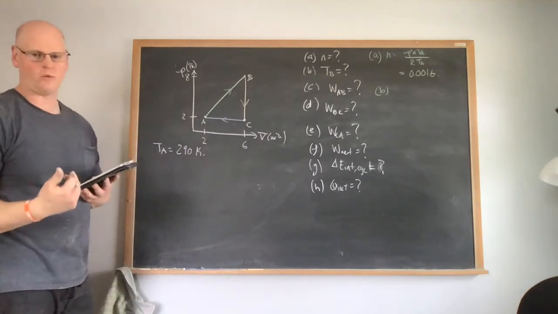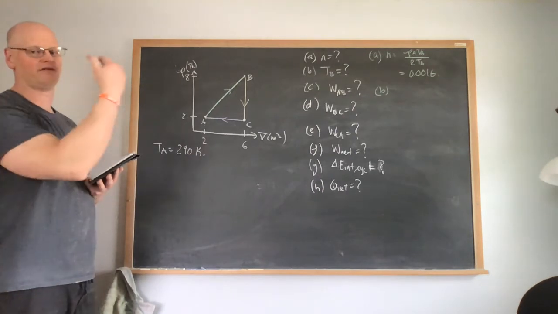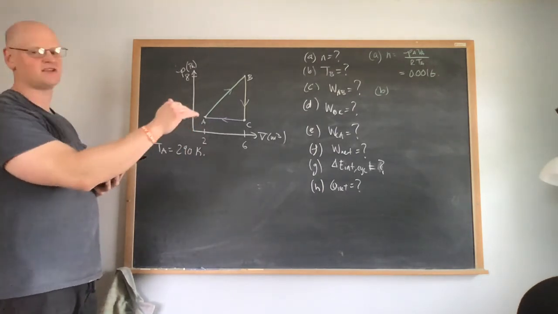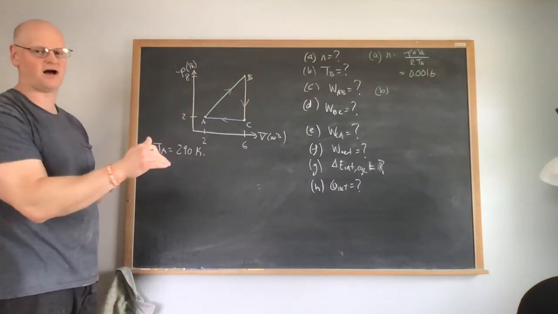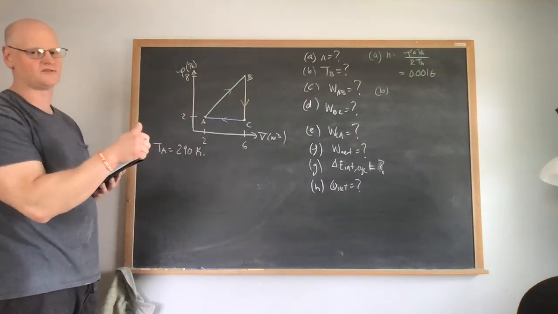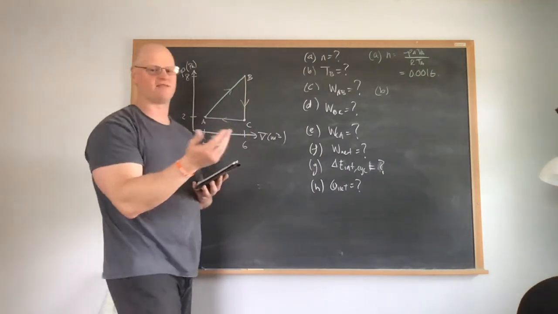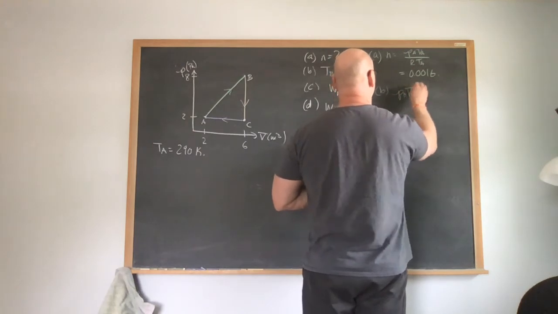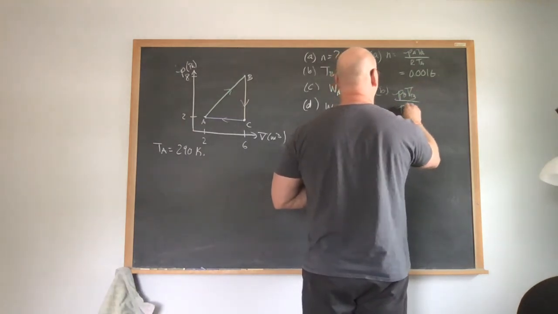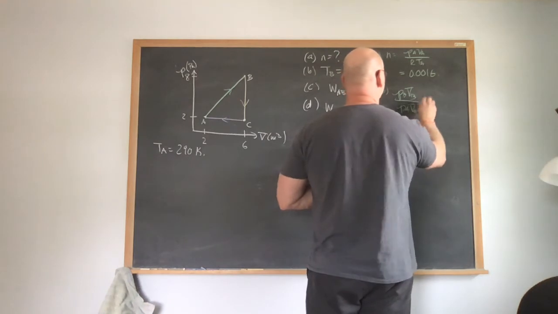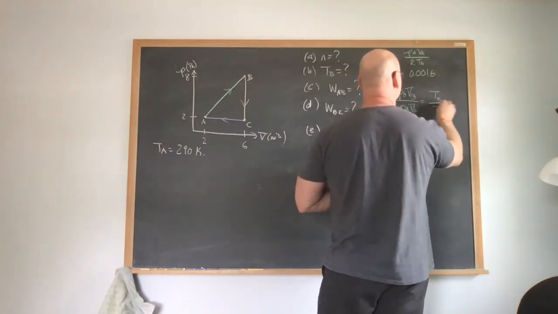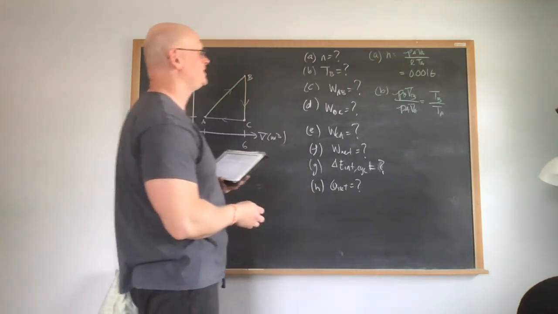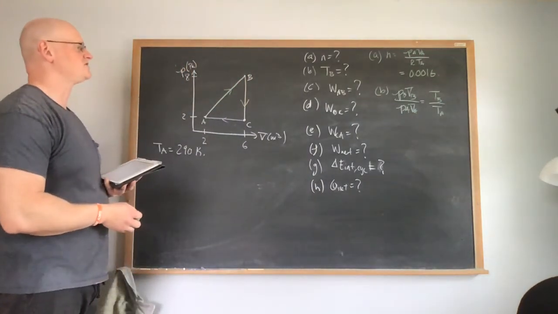Or we can do what we did before, which is simply take the ratio of the ideal gas law at B divided by the ideal gas law at A, so that we don't need to know the number of moles or the universal gas constant, and we can look at everything in terms of ratios. If we do that, we get the pressure at B times the volume at B divided by the pressure at A times the volume at A must equal the temperature at B divided by the temperature at A. So from here, we simply have to rearrange.